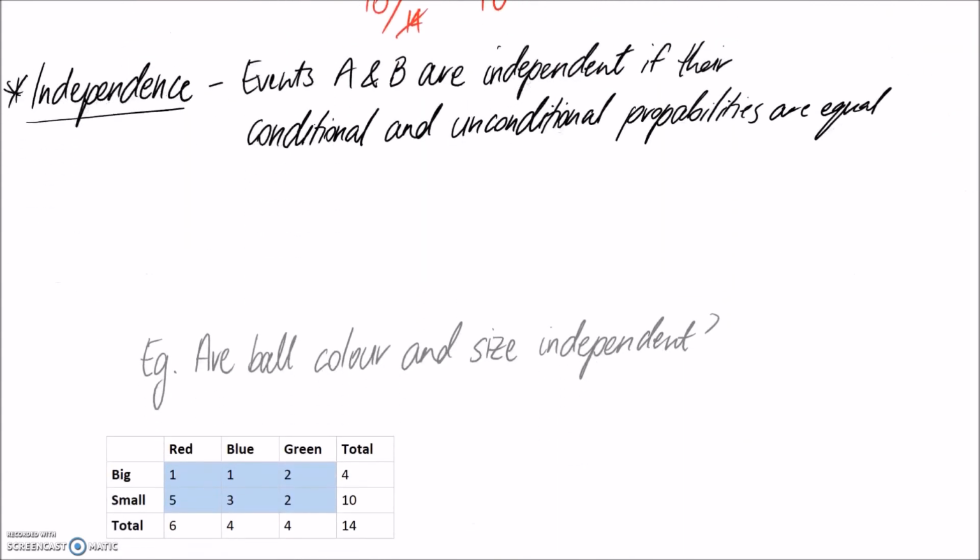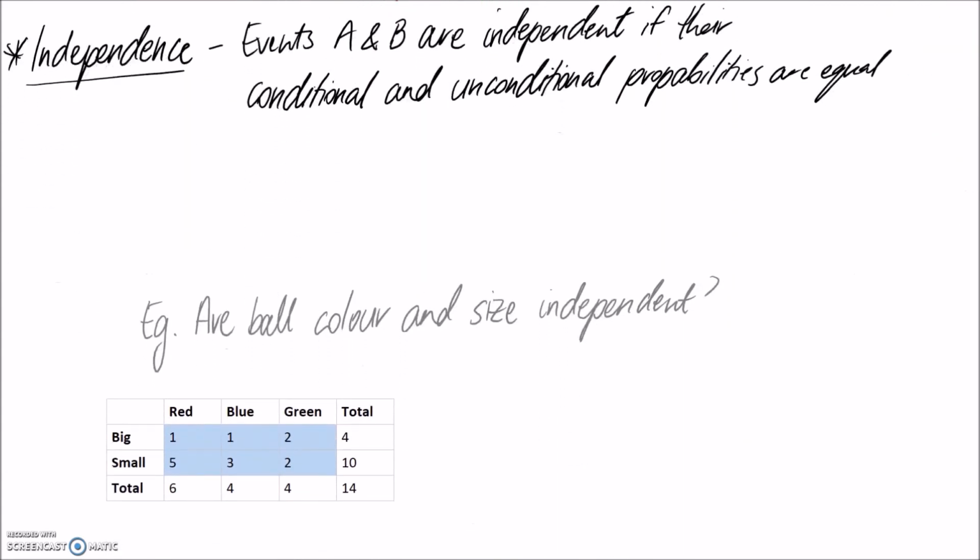Alright, so the last thing that we have to look at is independence. Events A and B are independent if the conditional and unconditional probabilities are equal to each other. We can write this symbolically with our maths: the probability of event A, if that's equal to the probability of A conditional on B, so this is the unconditional, this is the conditional, then if this is true, we have independence.